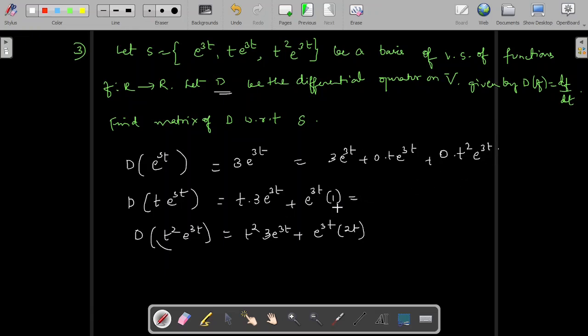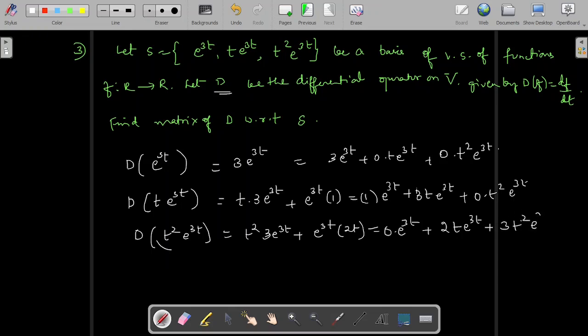Here now there is 1 into e to the power 3t plus 3t e to the power 3t plus no t square term. Now here no e to the power 3t term, 0 e to the power 3t plus 2 into t e to the power 3t plus 3 into t square e to the power 3t.